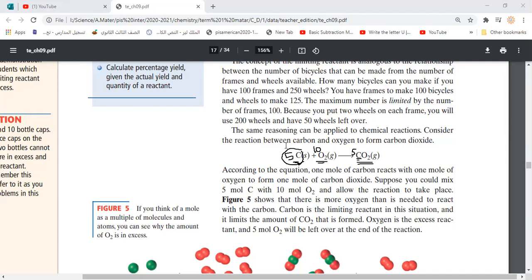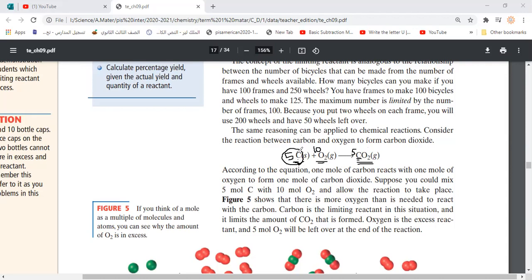Can you see it again? Look with me here, Hassan. In this equation, we said 5 moles of carbon are going to react with 10 moles of oxygen, yes? Okay, so the amount of carbon dioxide that will be produced: each carbon produces 1 mole of carbon dioxide. So 5 moles of carbon produce how many moles of carbon dioxide? 5.